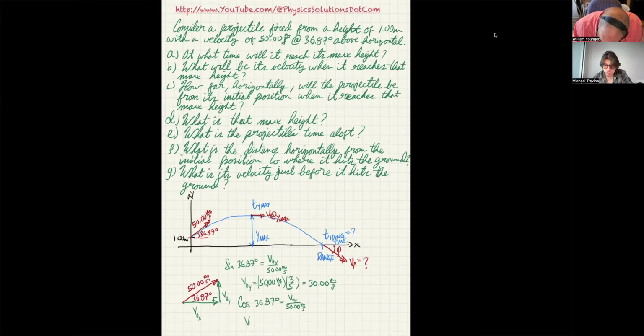So that says V0x is equal to 50.00 meters per second times the cosine of 36.87. But the cosine of 36.87 is, in fact, 4/5. So in this case, you get 40.00 meters per second, like that.